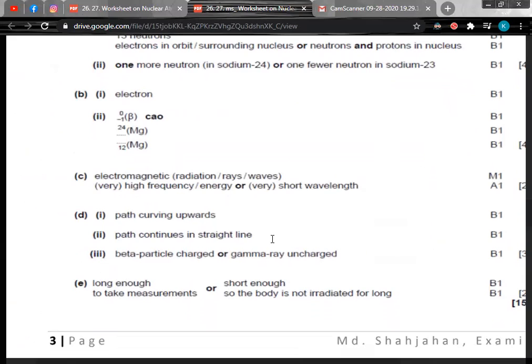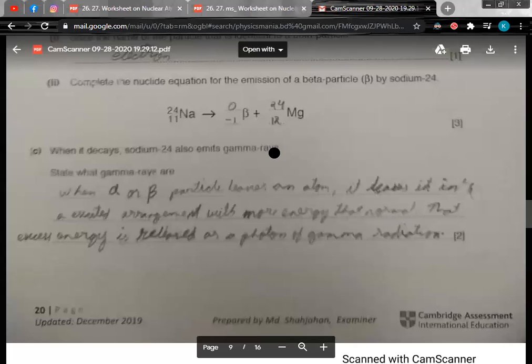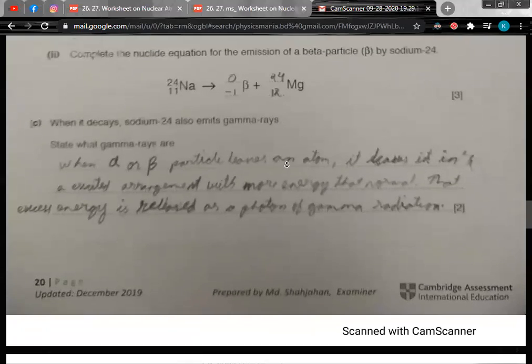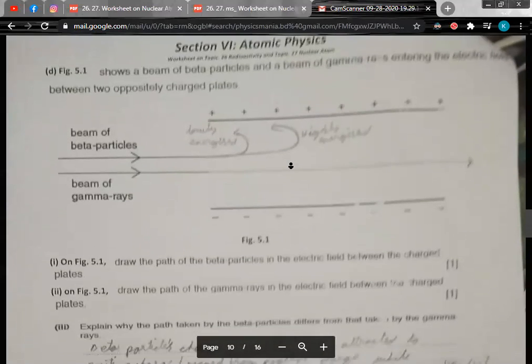It is electromagnetic radiation, rays of very high frequency, high energy and very short wavelength. This idea you should bring here. Only the properties, what gamma rays are. Okay, then next, quick. You can write this in your copy, then you go there. So you understood it, Karim?